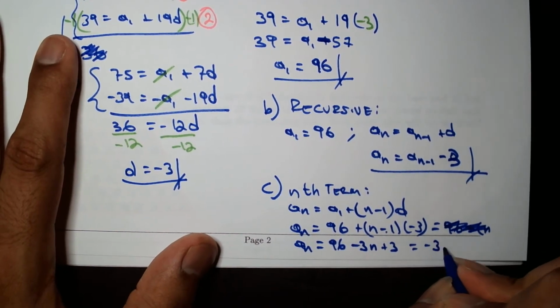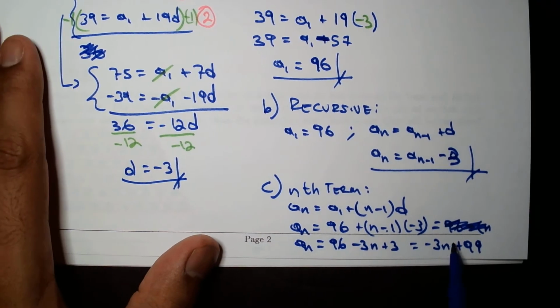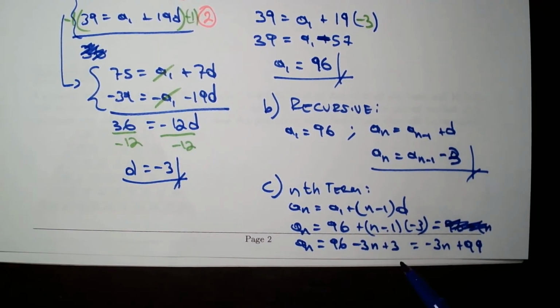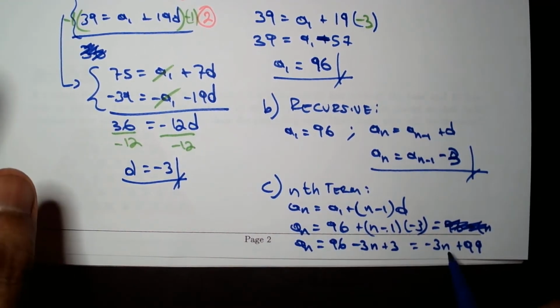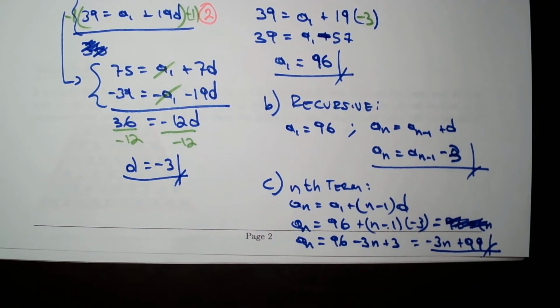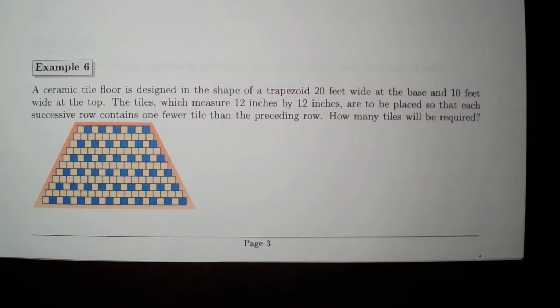So a sub n equals negative 3n plus 99. That is, if we want to find another term of this sequence, like the 257th term, we'll plug in 257 to this expression to find that term of the sequence without having to expand the entire sequence.